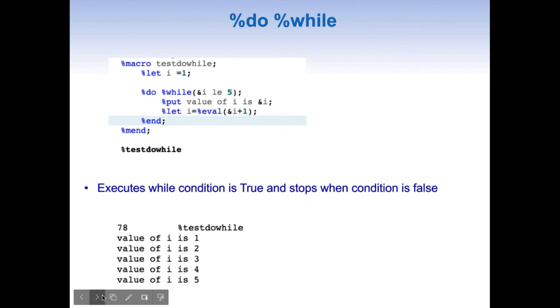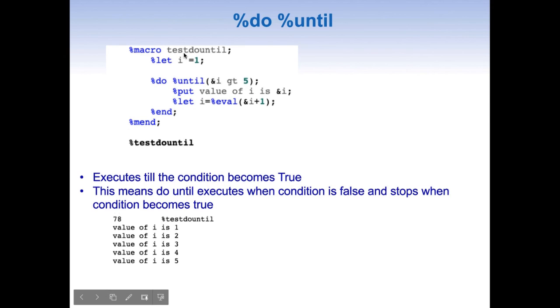Now that we have looked into %do %while in a detailed way, now let's try to look at %do %until. Everything in here is the same except that here we have %do %until. Here I am saying &i greater than 5. %do %until executes till the condition becomes true.